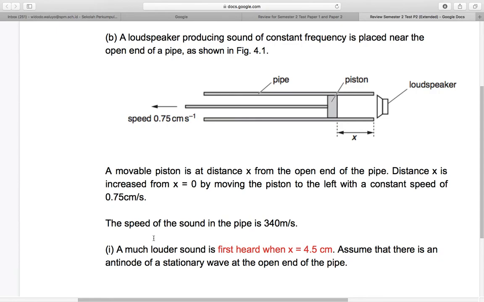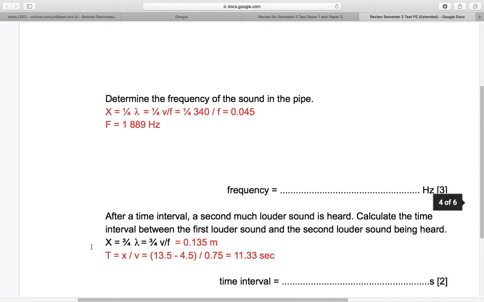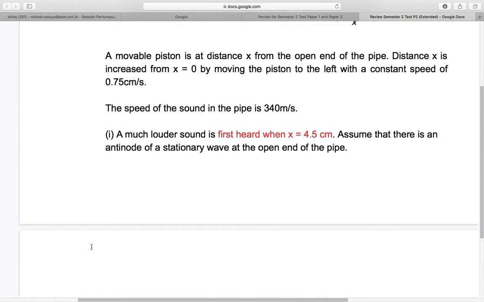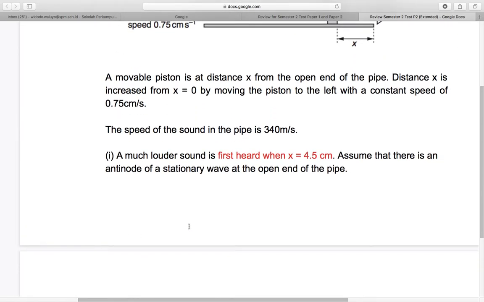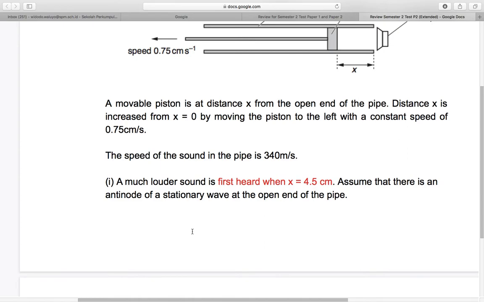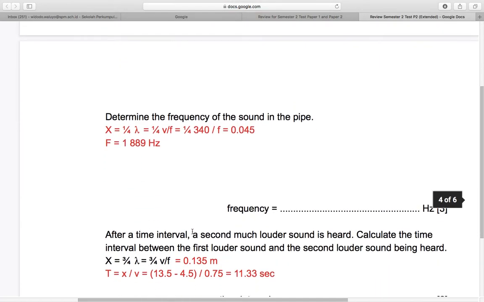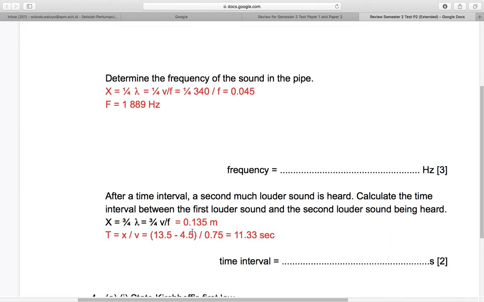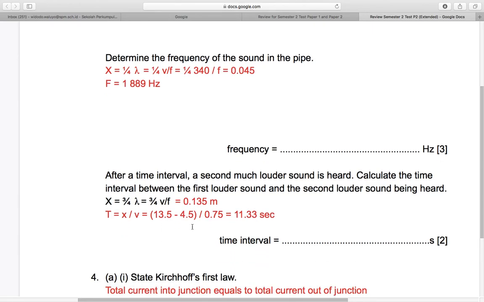A much louder sound is first heard when x equals 4.5 centimeter. Assume that there is an antinode of a stationary wave at the open end of the pipe. Determine the frequency of the sound in the pipe.